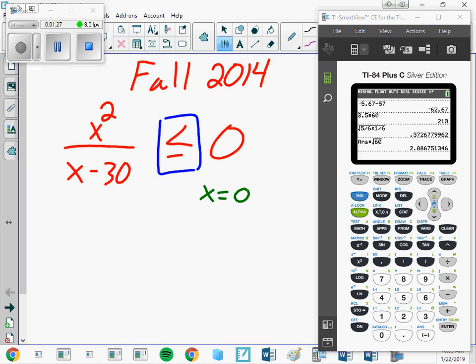When is a function less than or equal to 0? Graphically.